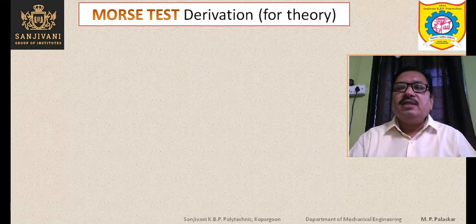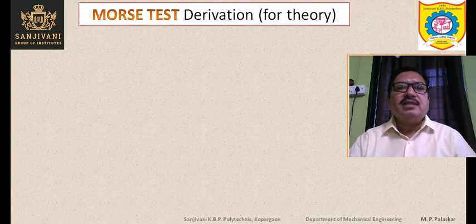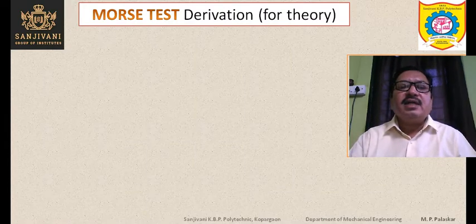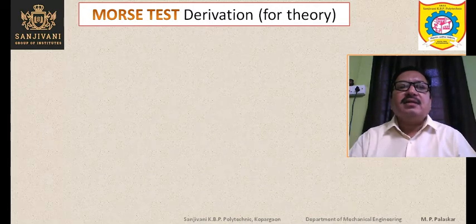We have already studied how to perform the practical on Morse test and how to estimate the brake power of the engine when all the cylinders are working and when the cylinders are cut off one by one.